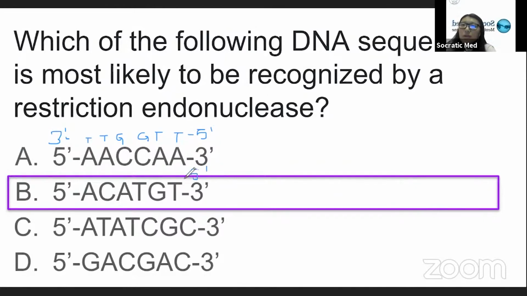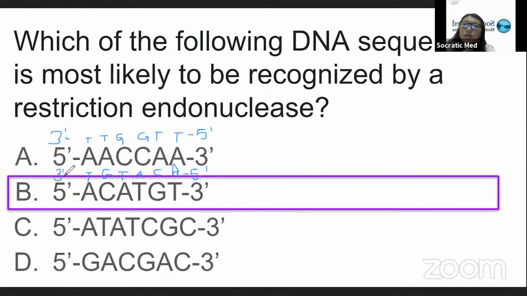So then we have the 5 prime here, where we have A, C, A, C, G, T. And then that's the 3 prime.